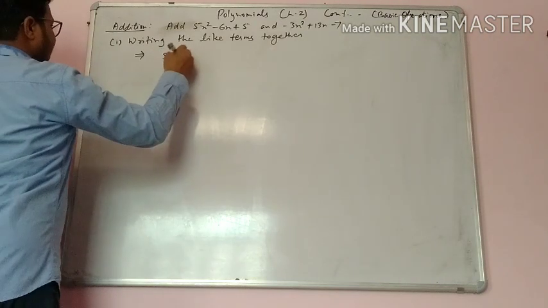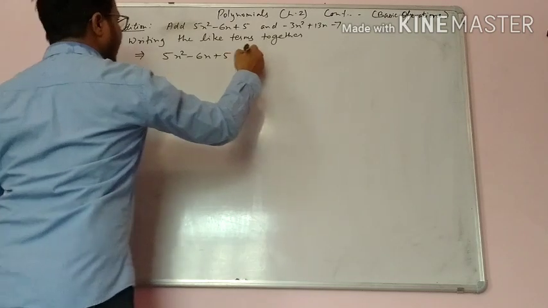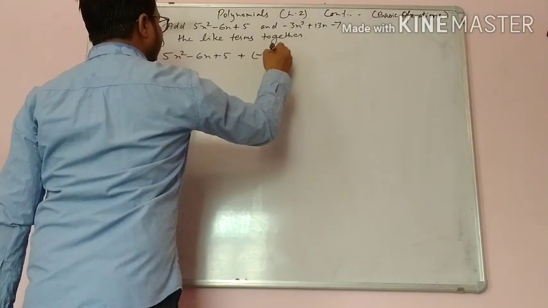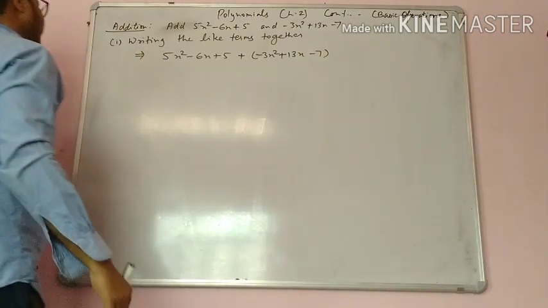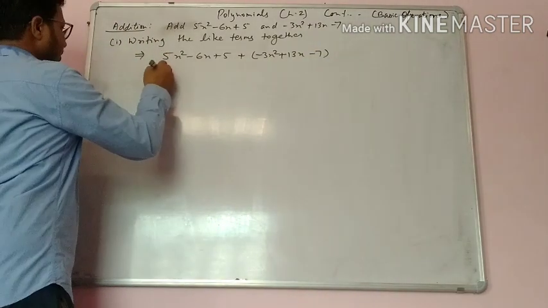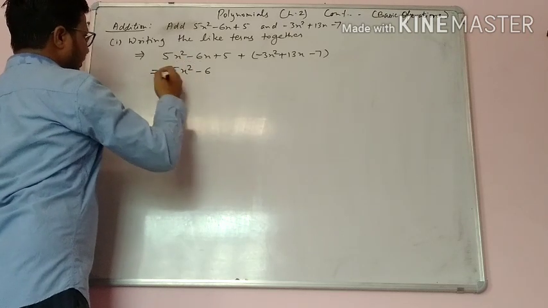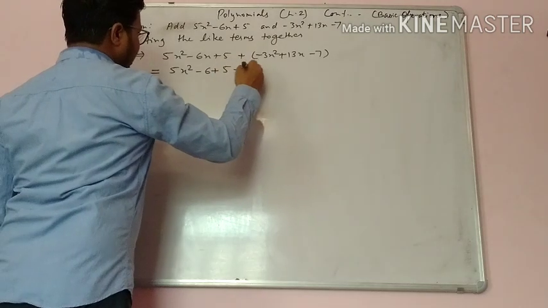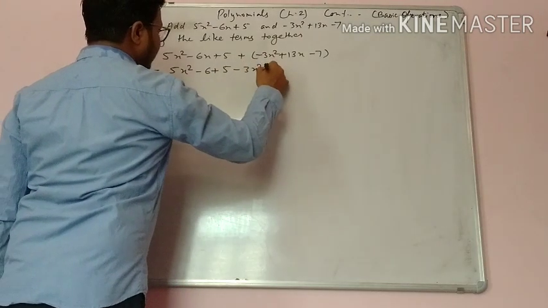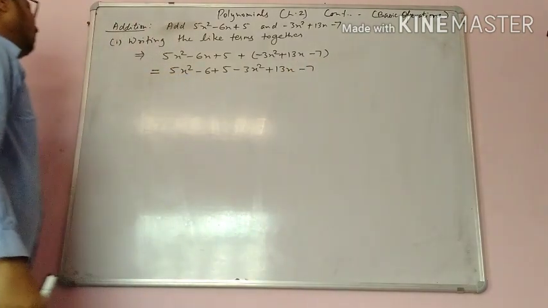You have to add 5x square minus 6x plus 5 plus minus 3x square plus 13x minus 7. First, it is equal to 5x square minus 6x plus 5 minus 3x square plus 13x minus 7.